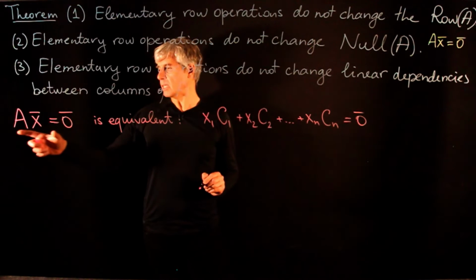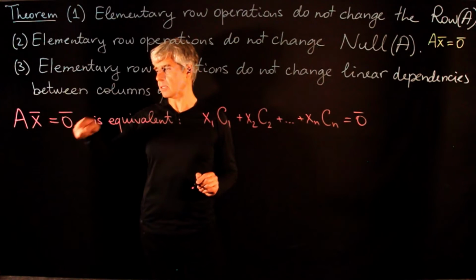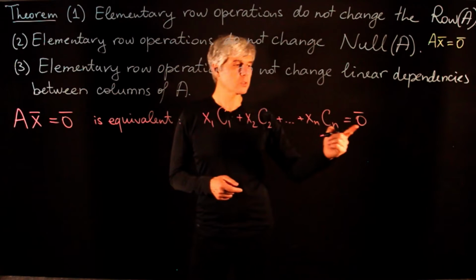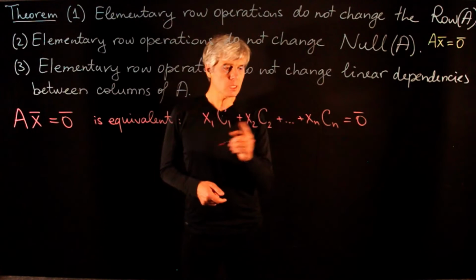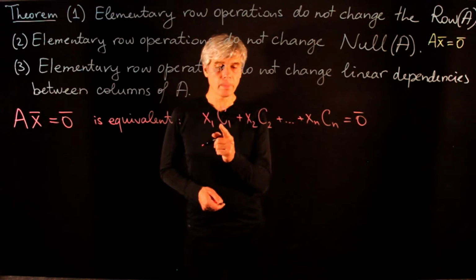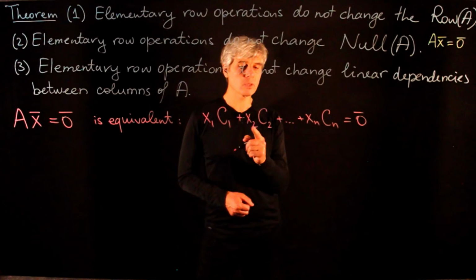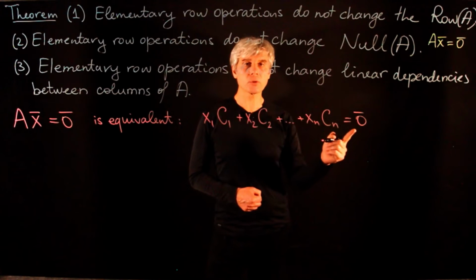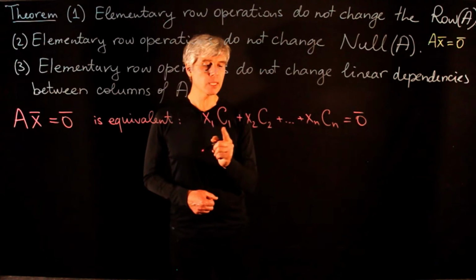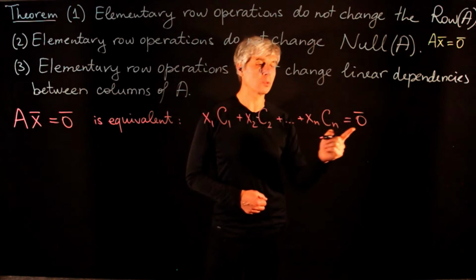Now, what we see is that this system of equations is equivalent to this vector equation. But what is written here? Here we wrote a linear combination of the columns which is equal to a 0 vector. This is nothing but a linear dependency between the columns.